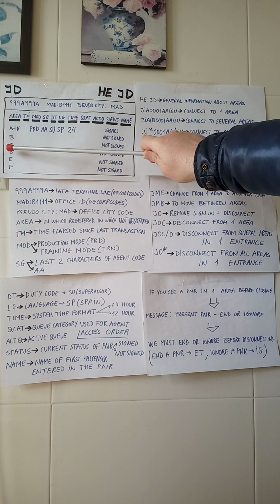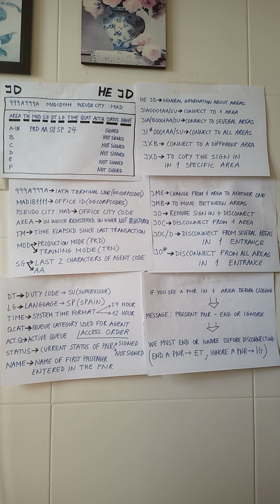In the other 5 areas, not signed. The name title, the last one, this one, refers to the name of the first passenger entered in the PNR. Be careful, because sometimes it's different from the name of the first passenger shown in the system.